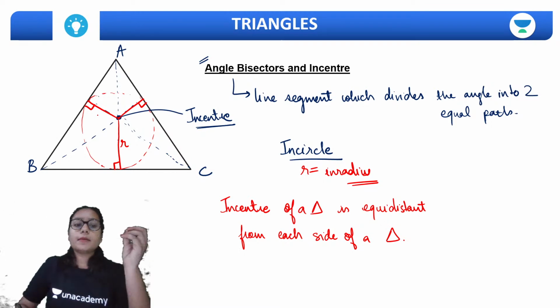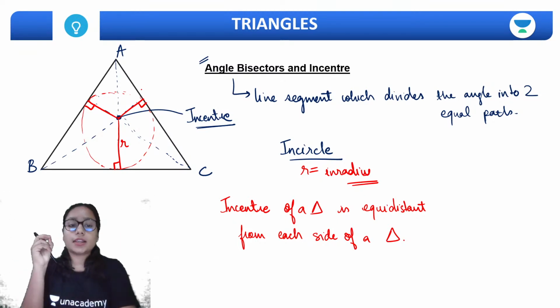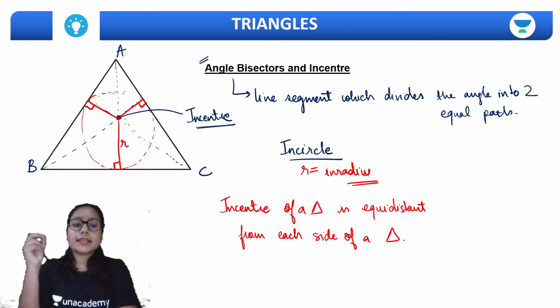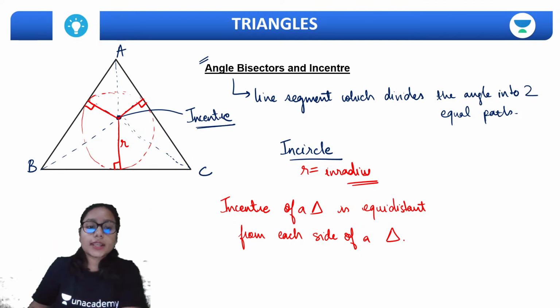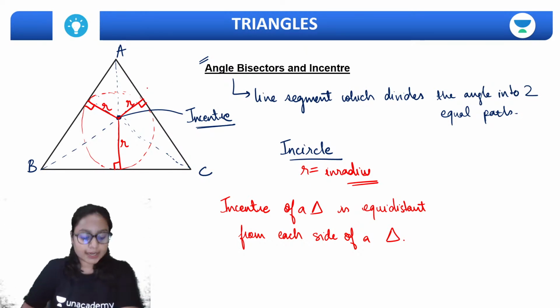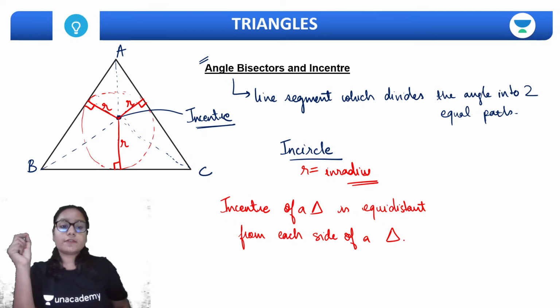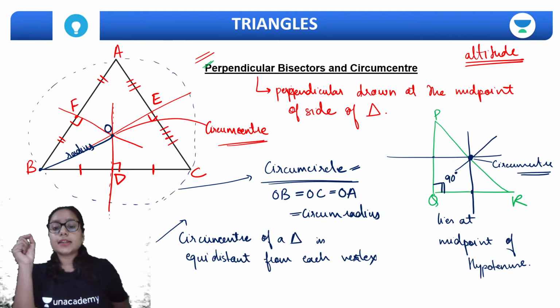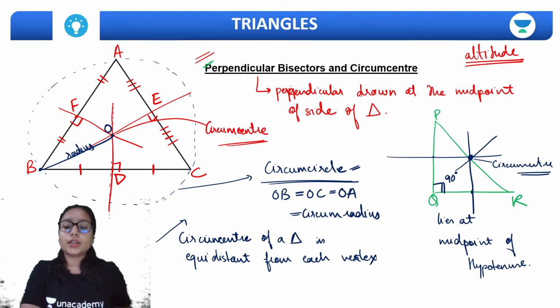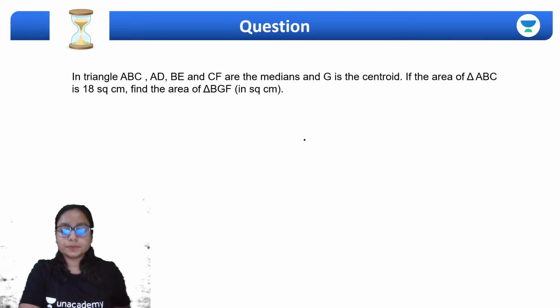True, right? Because this circle is inscribed inside the triangle, and this is the radius, this is the radius, this is the radius. It means that the incenter is equidistant from each of the sides. Circumcenter is equidistant from each vertex. I hope this is clear.